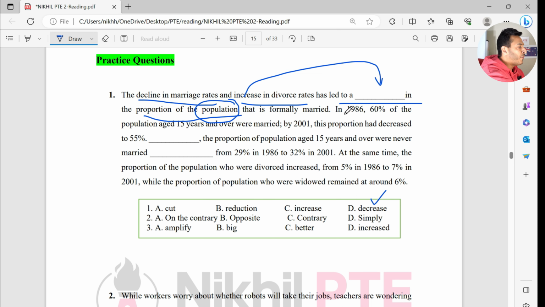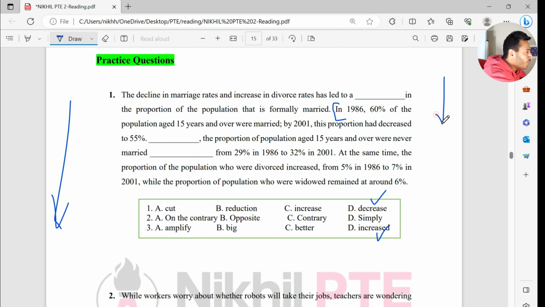Just focus on the second line. In 1986, 60 to 55%, but here we are talking about 29 to 32%, which means this sentence is opposite to the first one. The second sentence is not matching.